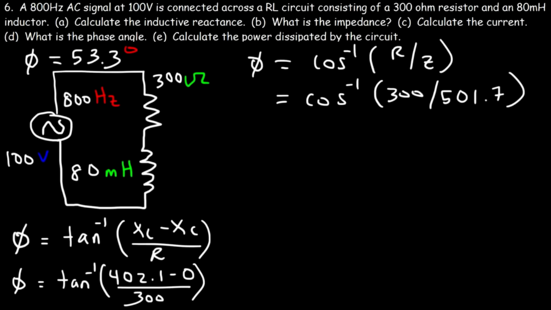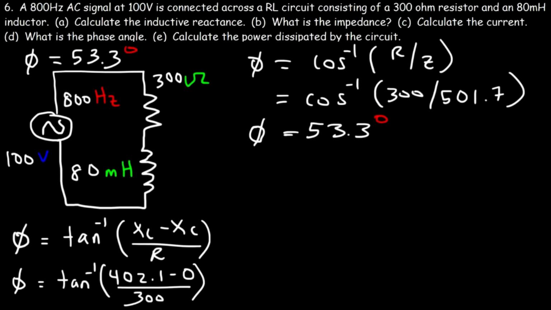If you type in arc cosine of 300 divided by 501.7, this will give you the same answer of 53.3 degrees. So that's the phase angle.